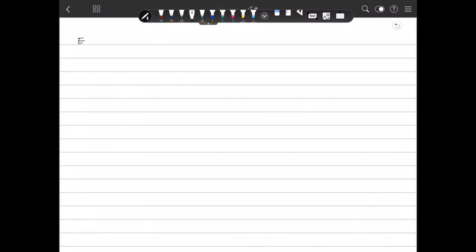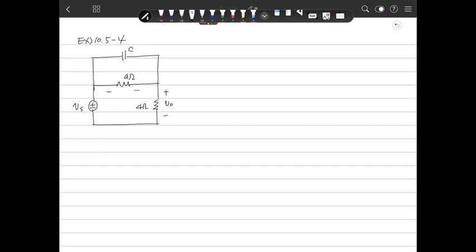There is another example. It looks more complicated. There is a capacitor and a resistor, one more resistor, and one source here. This is Vs, this is a capacitor C, and this is a 4 ohm resistor. We define VO, and we define this as VA.